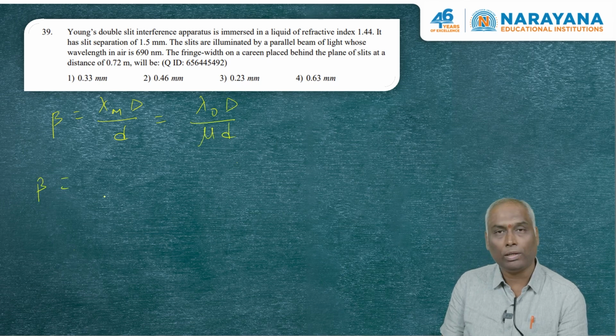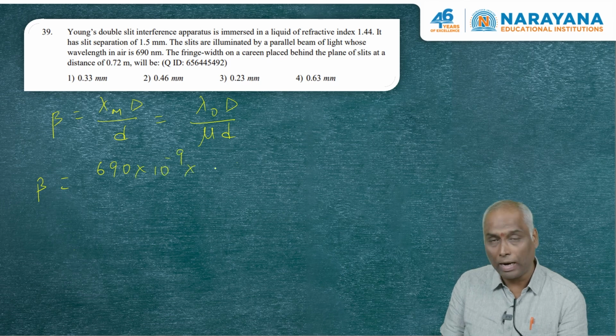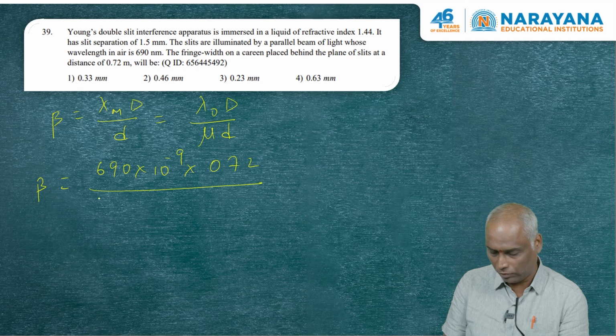Lambda naught is the wavelength of the light in air or vacuum, which is 690 nanometers, 690 into 10 to the power of minus 9, into capital D, the distance between slits and the screen, which is 0.72 meters, whole divided by mu. The value of mu is given as 1.44, into small d, the distance between the two slits, which is 1.5 millimeters, 1.5 into 10 to the power of minus 3.